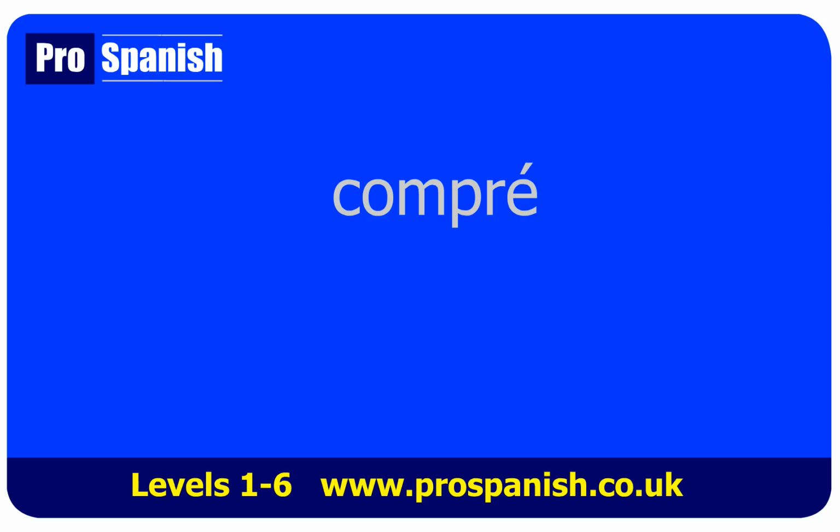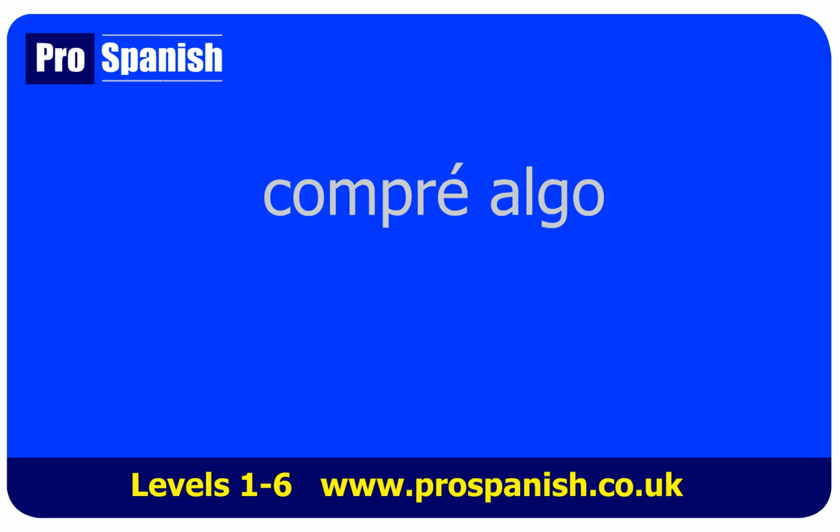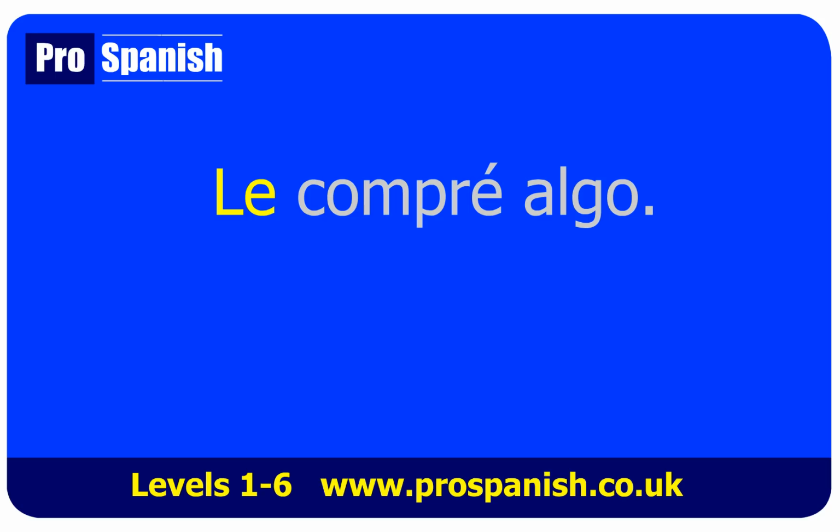It comes from comprar, to buy, but we'll put it into the past and say I bought. Compré. So if we wanted to say I bought something, it would be compré algo. If we wanted to say I bought him or her something, le compré algo.